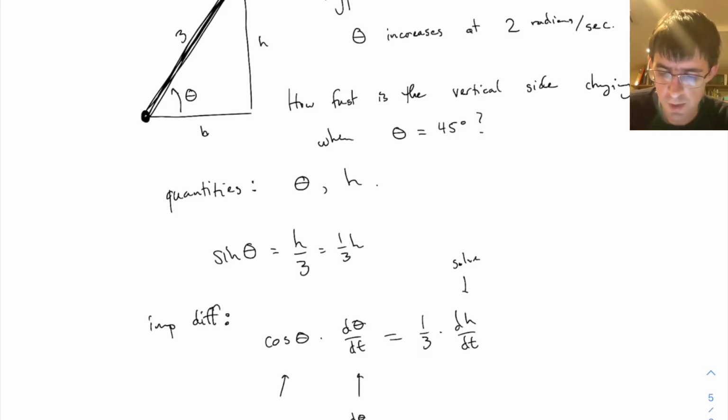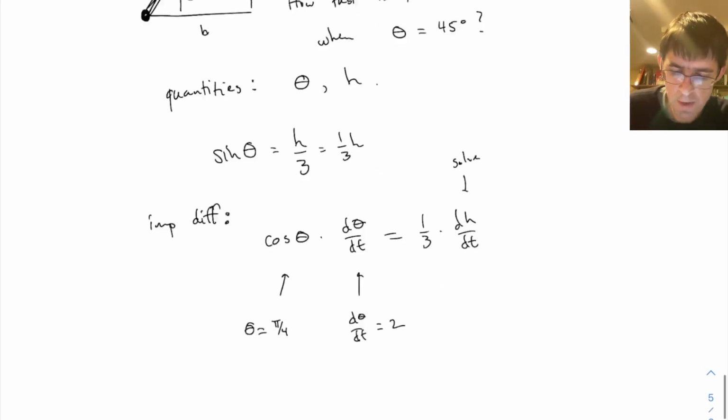I said in the problem that theta increases at 2 radians per second. So that's 2. And here, cosine theta, I'm going to plug in theta equals 45 degrees because that was given in the question. 45 degrees, which is also known as pi over 4 radians.